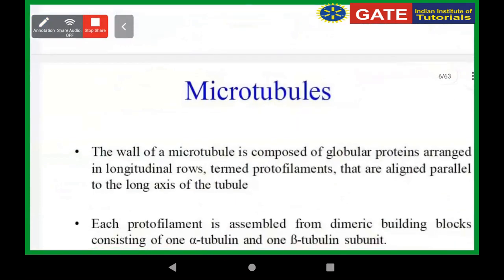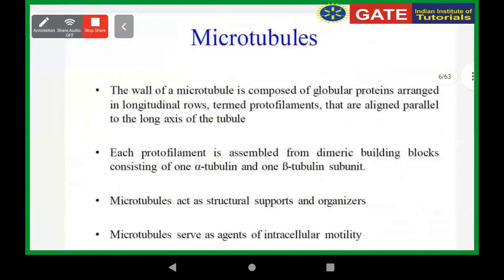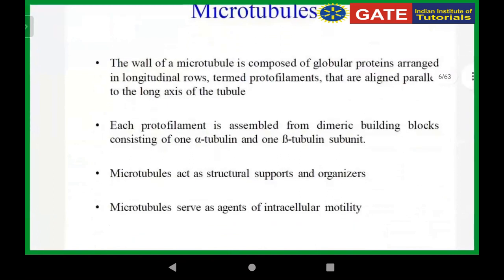Okay, let's start with the first one, microtubules. As you know, the microtubules contain tubulin protein subunits, right? And microtubules act as structural supports and organizers. Mark this. This is very important. The major function of microtubules is structural support and intracellular movement.